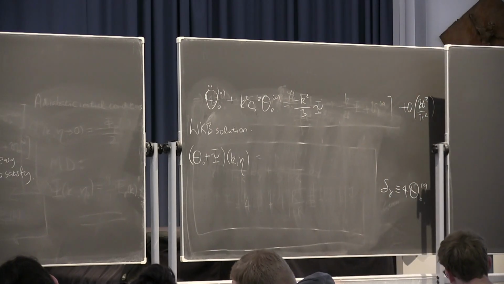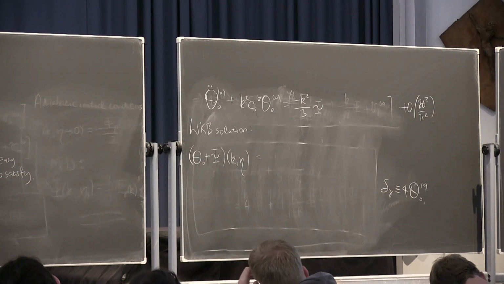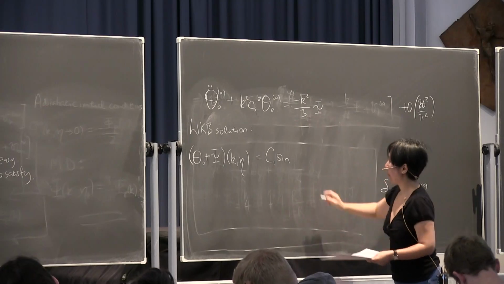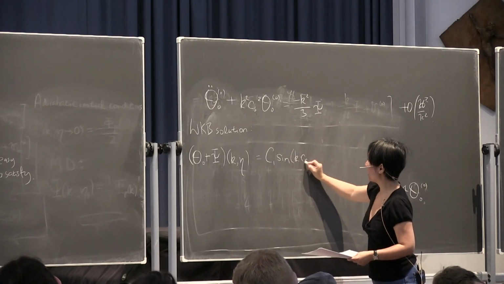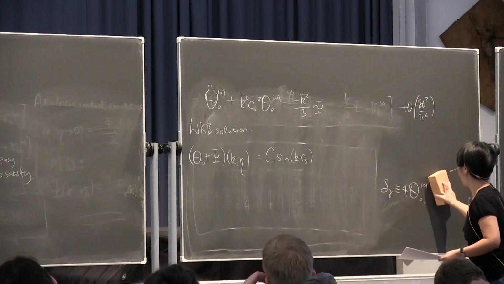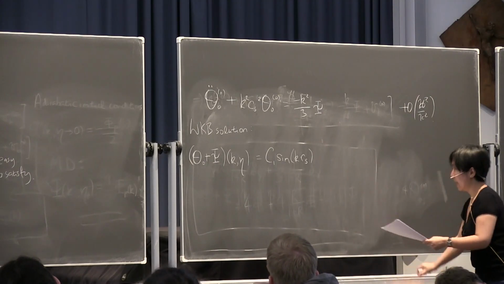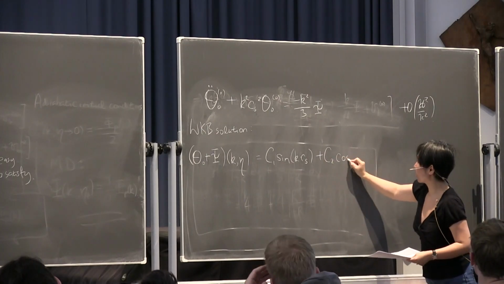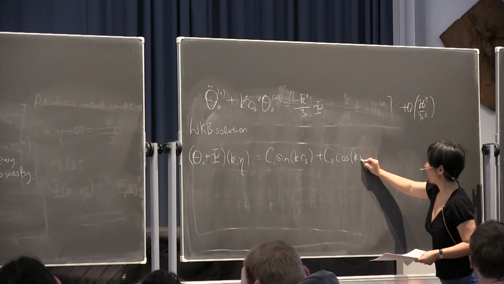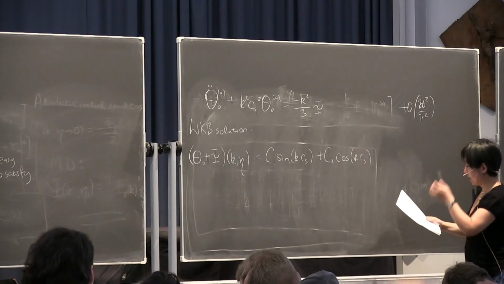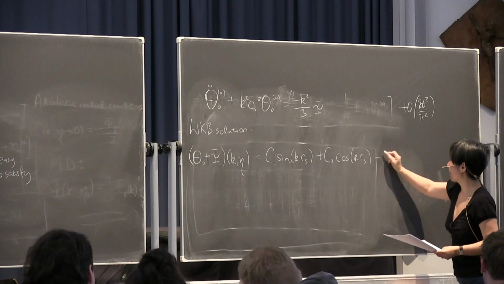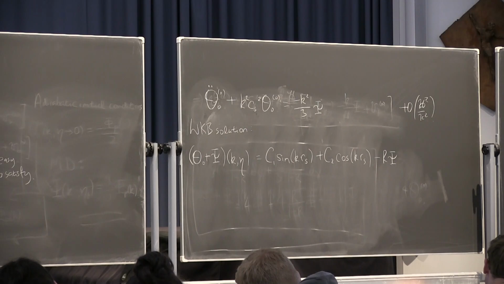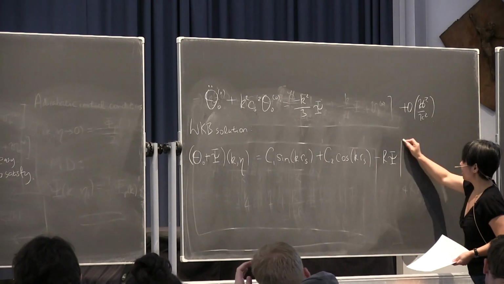And we'll have oscillatory terms, some constant multiplied by sine, k rs. I'll tell you what rs is in a bit. And another constant, and it'll be a cosine solution as well, k rs. And then there's also a particular solution that comes about because I have a driven oscillator. Okay. So that's the monopole solution.